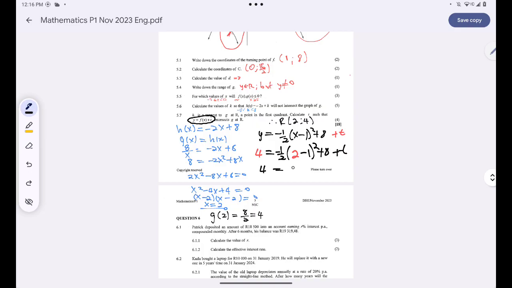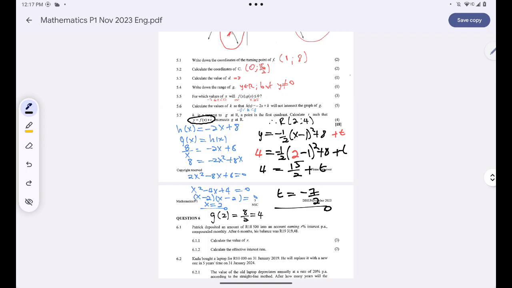I will have negative half plus 8, that's 15 over 2, plus t. So t is simply equal to 4 minus 15 over 2. t is equal to negative 7 over 2. That's how you would have found the value of t, guys.